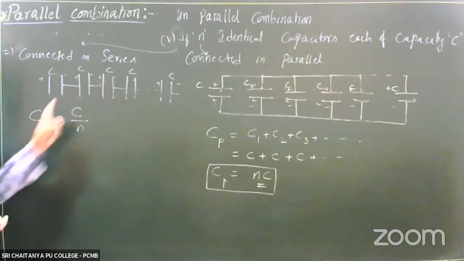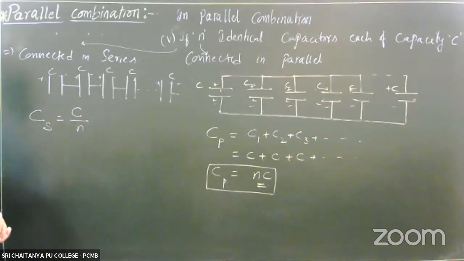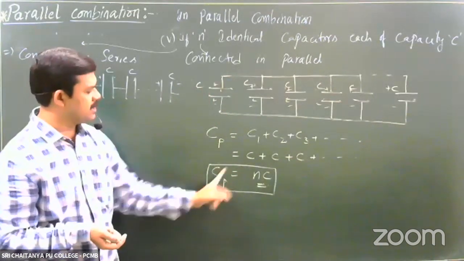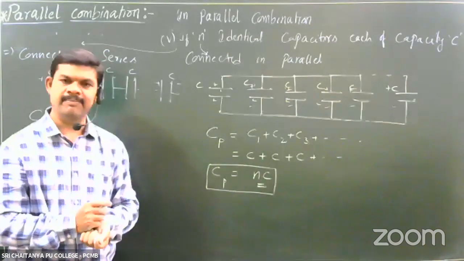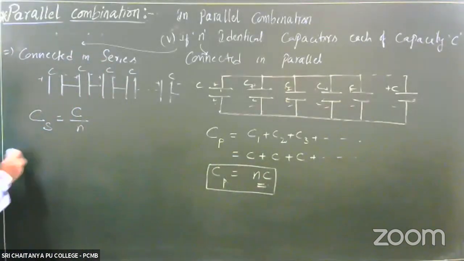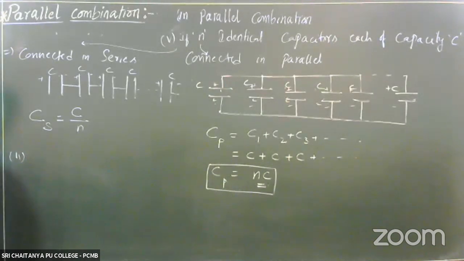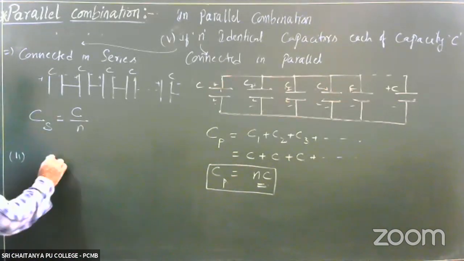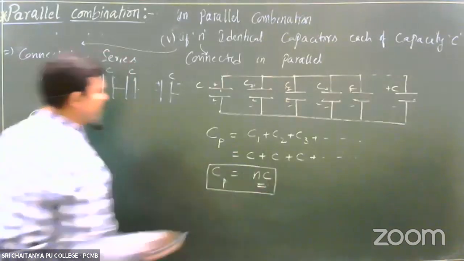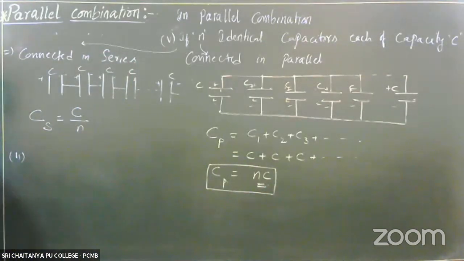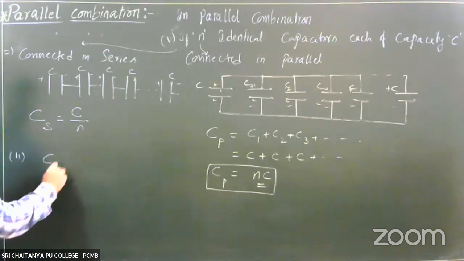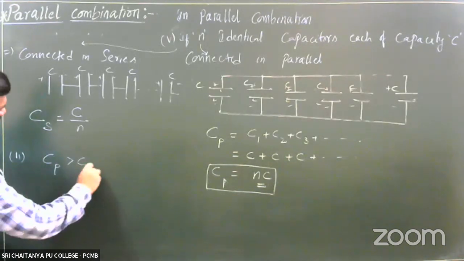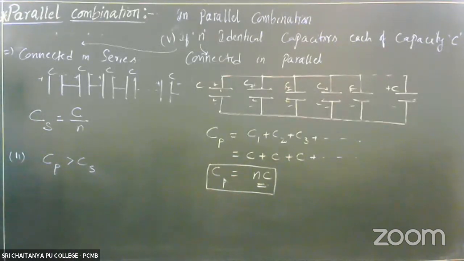When they are connected in series, CS is equal to C by N. When they are connected in parallel, CP is equal to NC. Which is greater, CS or CP? This is N times C, and this is C by N. So CP is greater than CS.